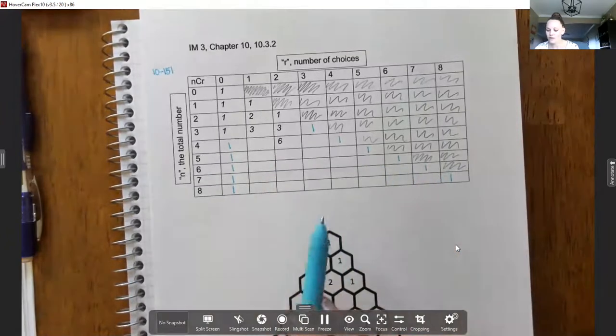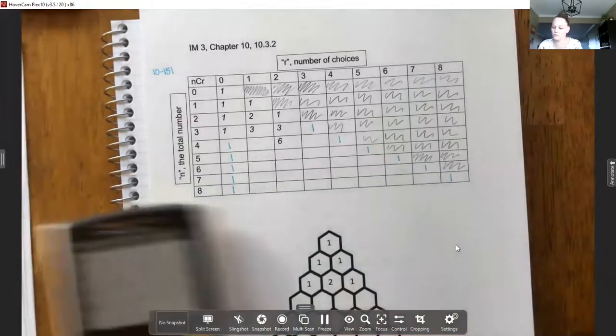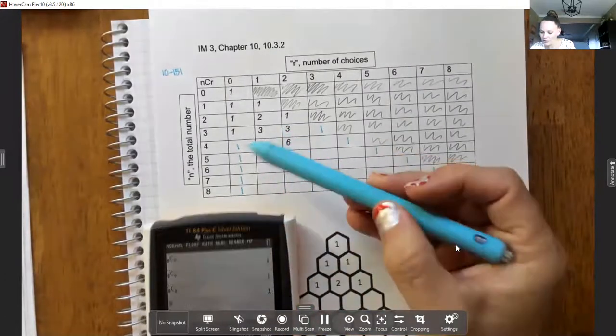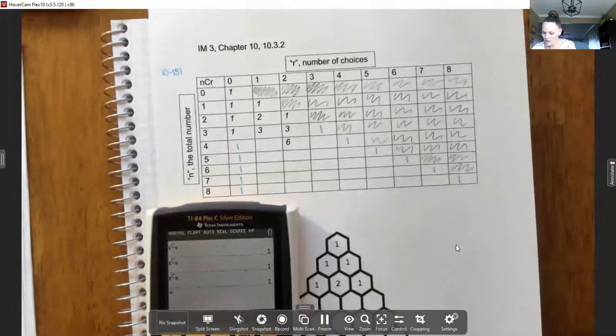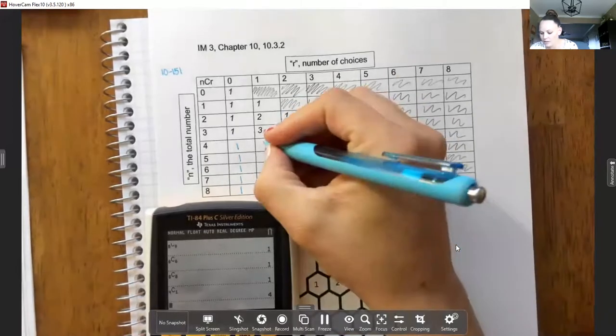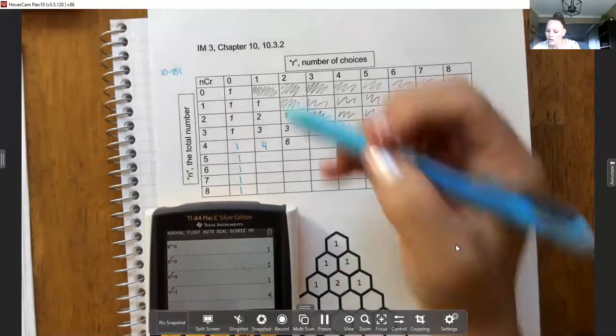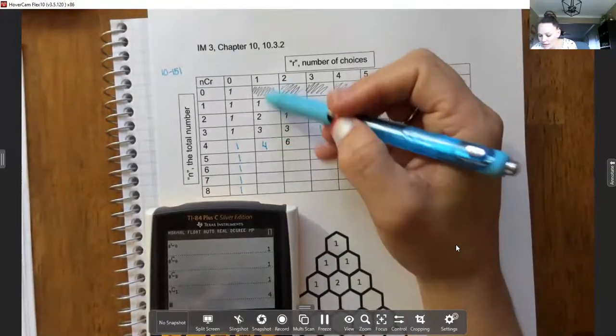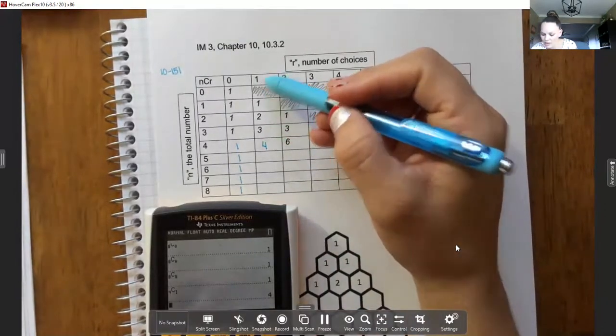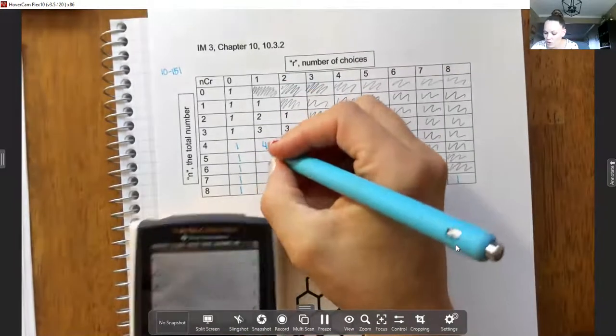So we have to fill in the rest of this. So this box right here is going to be 4, choose 1. So 4, choose 1. And there's 4 ways to do that. Likewise, this whole second column going down here with the number 1 at the top, you can see it's growing by 1.